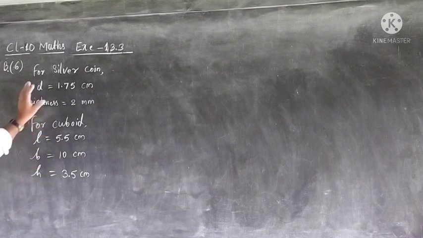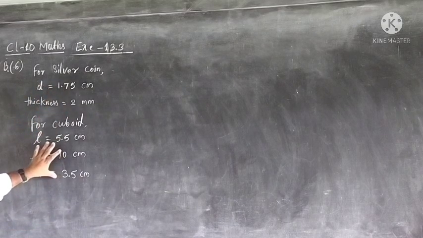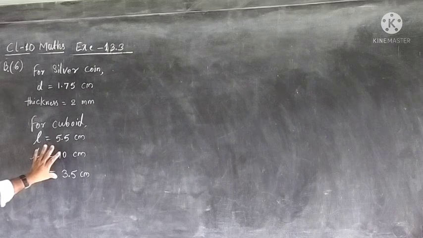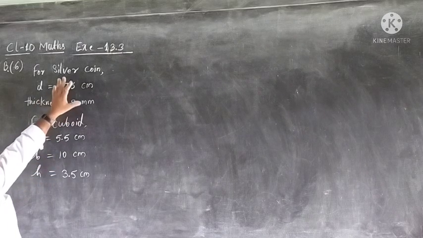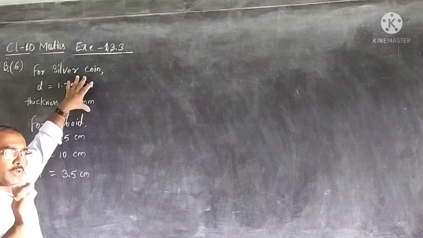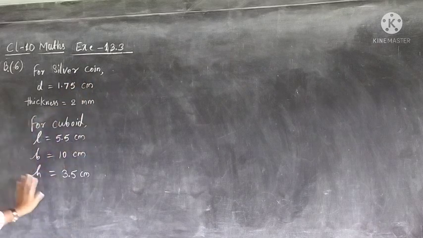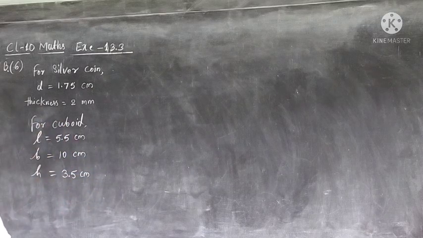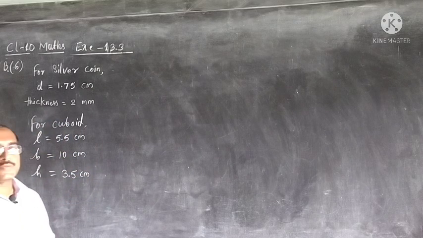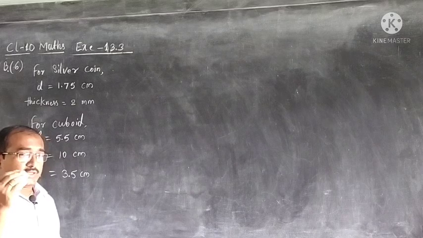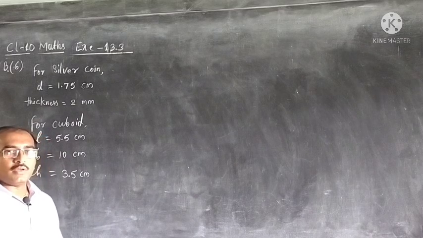So, surely coins are smaller, the bigger object is the cuboid. So, we will have to melt some number of coins so that we can make a cuboid of this dimension.